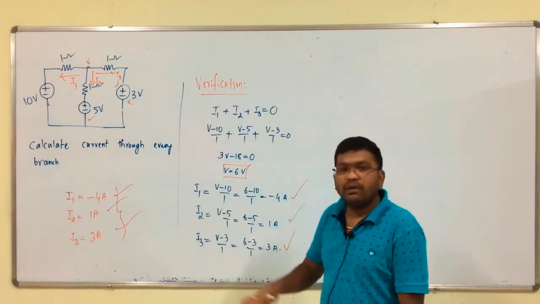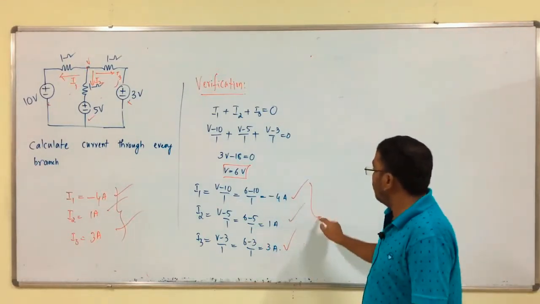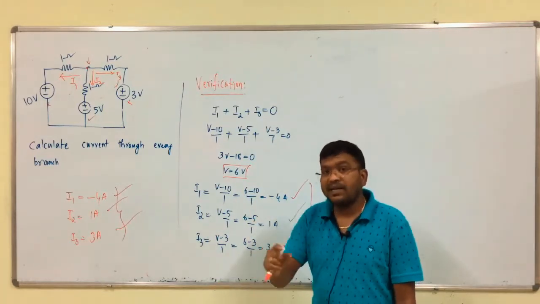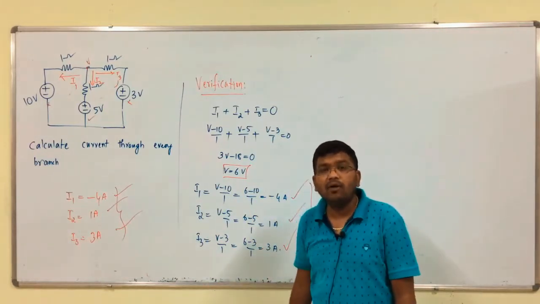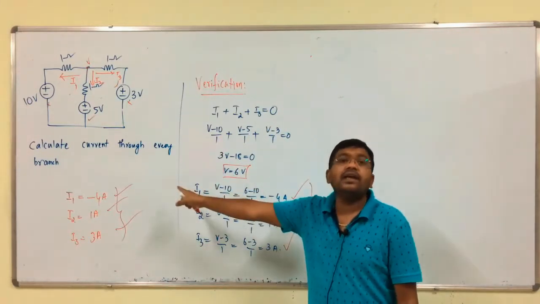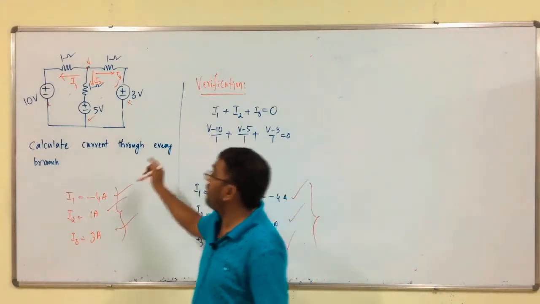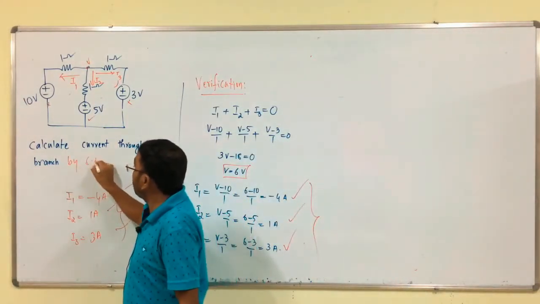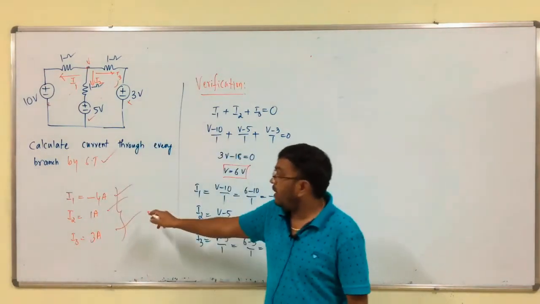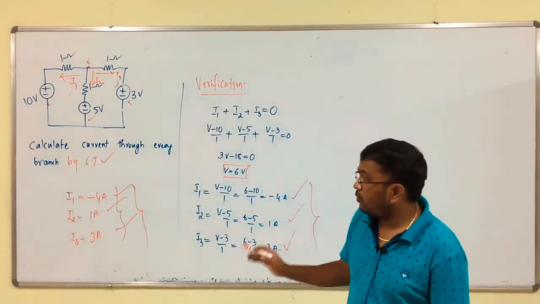Just do your own procedure and take any one of the methods and calculate the current values. If he provides a particular theorem or method, then do the problem with respect to that given procedure. So, here it says calculate current through every branch by superposition theorem principle. So, based upon this procedure only, you have to calculate these values. Okay? Like this you have to solve the problem.